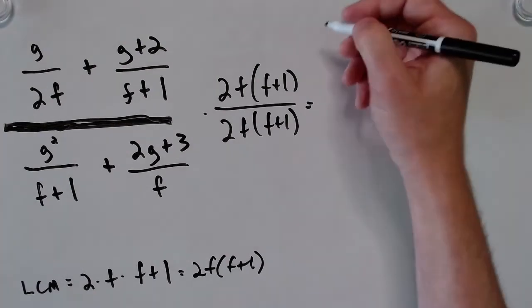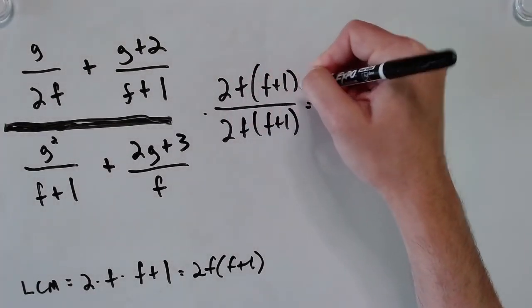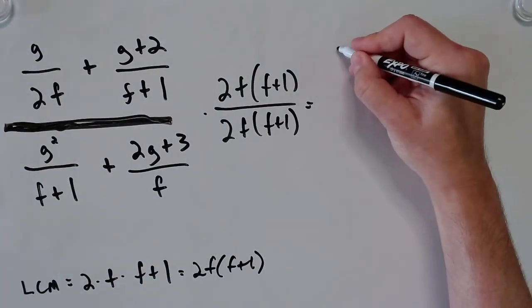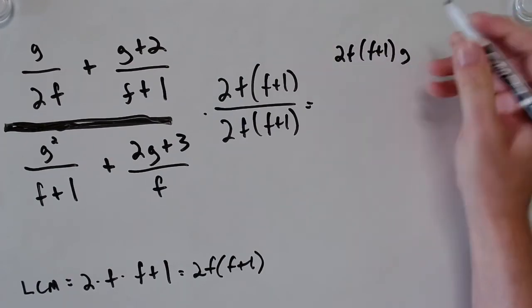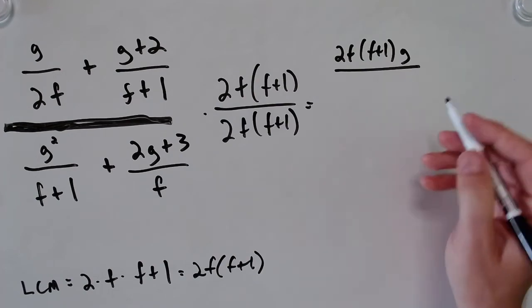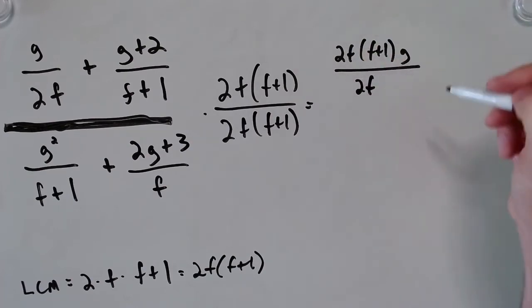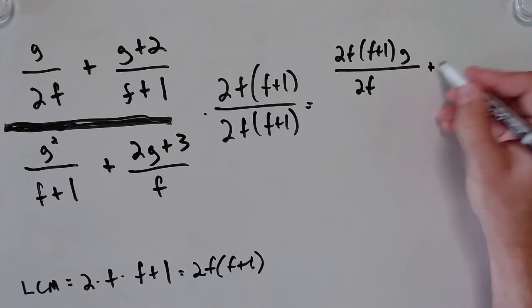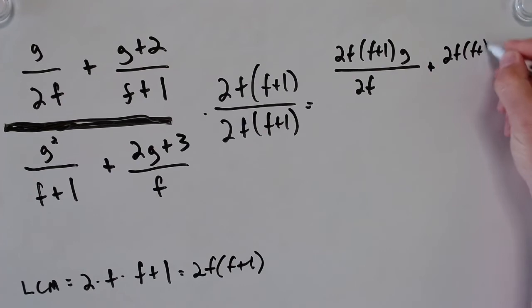We have 2f times f plus 1 times g over 2f. You see how things start to cancel when we use these least common multiples. Plus 2f times f plus 1 times g plus 2.